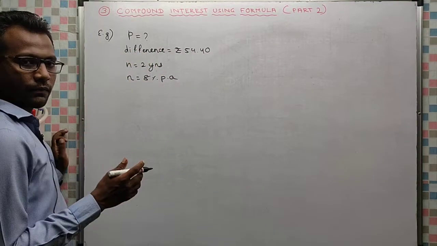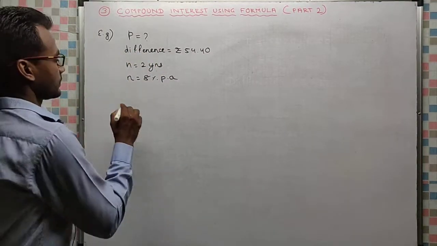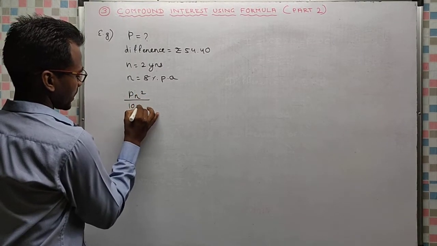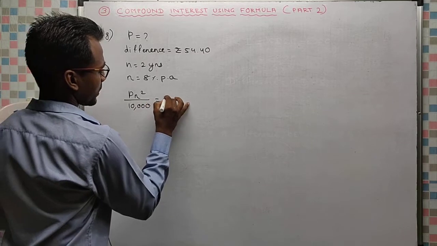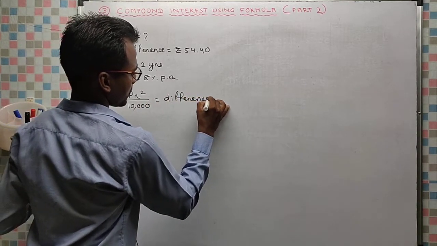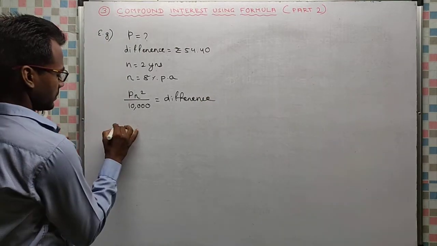We know the formula I had given in the first part: P R square by 10,000 is equal to the difference.